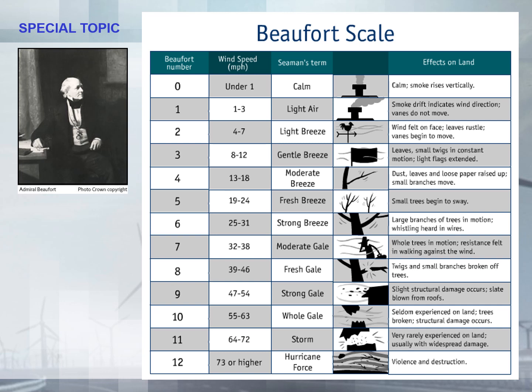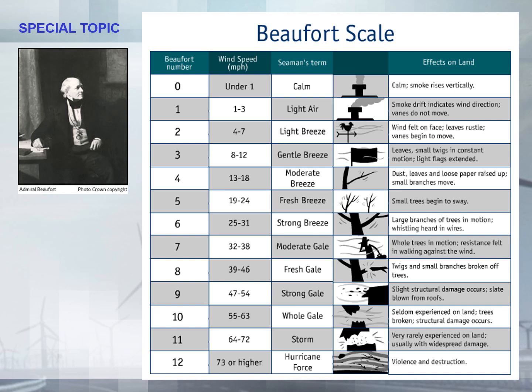and then hurricane force. The fourth column over is trying to show whether the smoke is going to go straight up in the air, or move a little bit, or whether your weather vane is going to move quickly. Just trying to give an idea in the pictures there of what could happen.